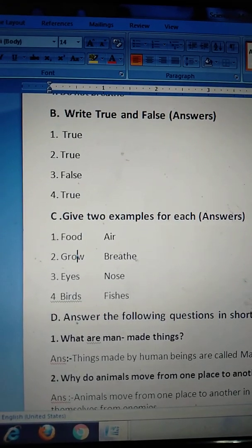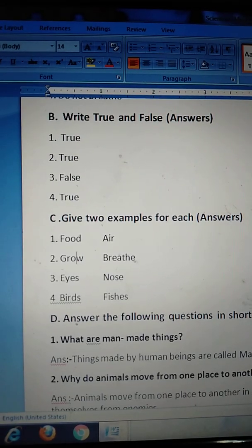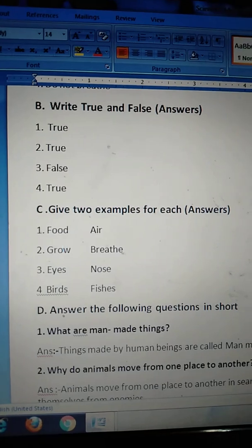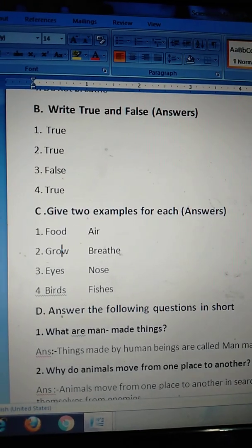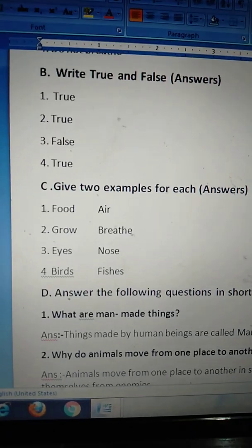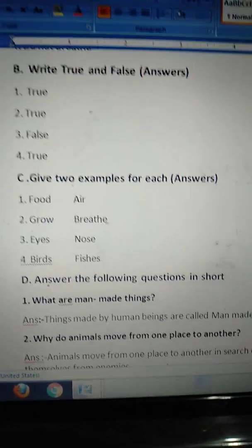Birds, fishes. Okay? Now, let's go to answer the following questions in short. What are man-made things?